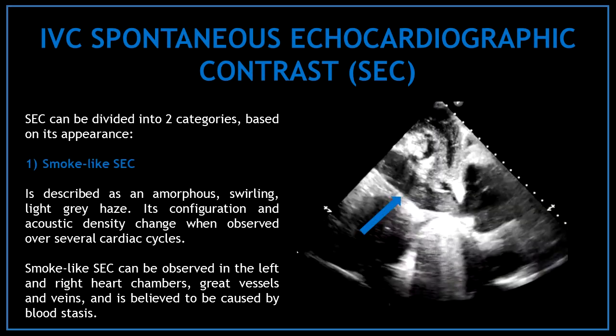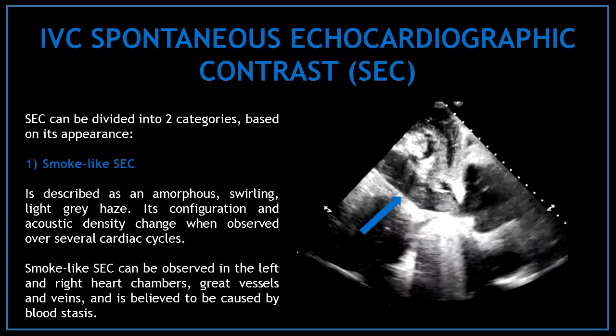Spontaneous echocardiographic contrast can be divided into two categories based on its appearance. First, we have the smoke-like spontaneous echocardiographic contrast. It's described as an amorphous, swirling light gray haze.